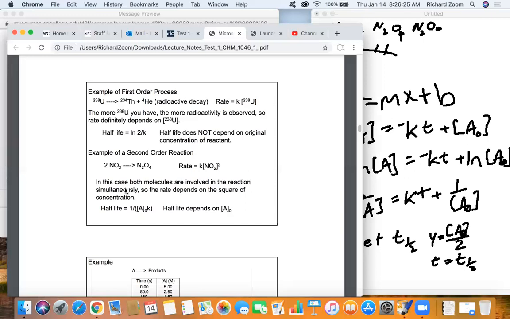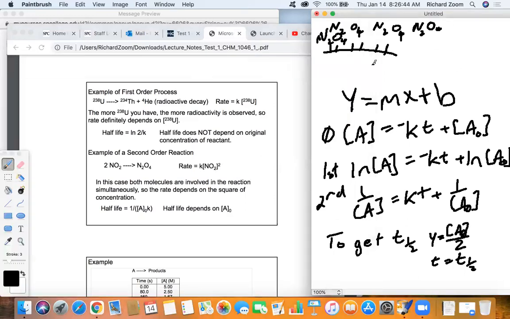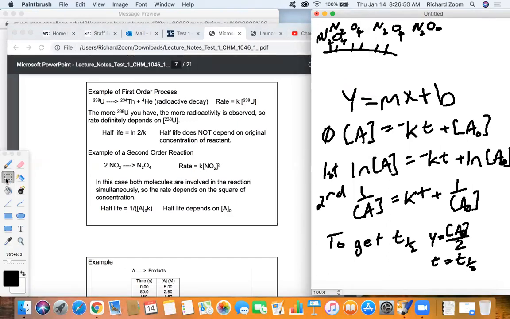This is an example of a second order reaction, and this would be NO2 squared. So 2 NO2 gives N2O4, and you've got rate equals K [NO2]^2.